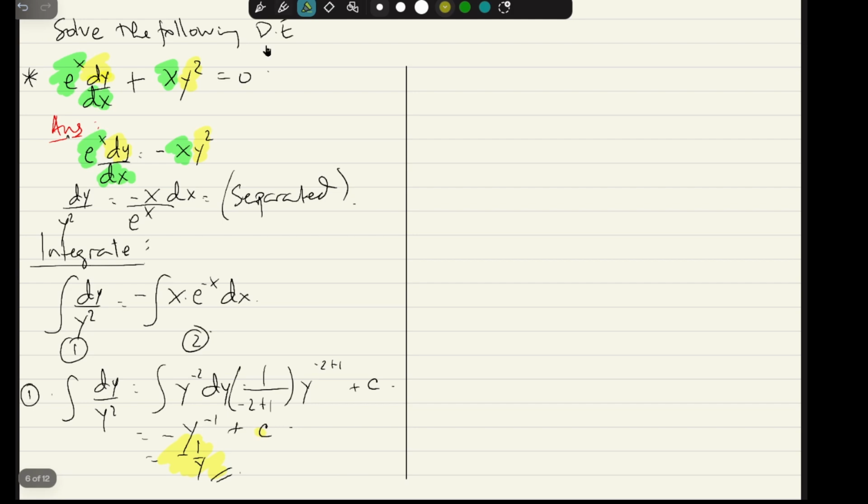For part 2, we do the same thing, which is the negative integral of x multiplied by e to the power of negative x dx.